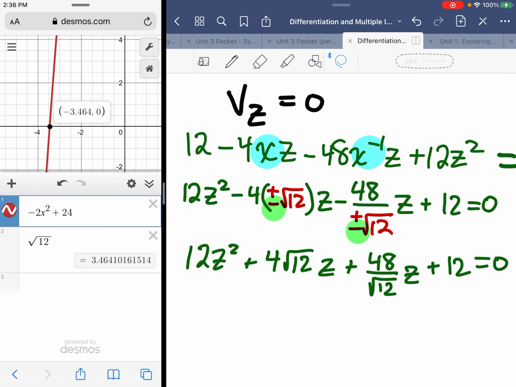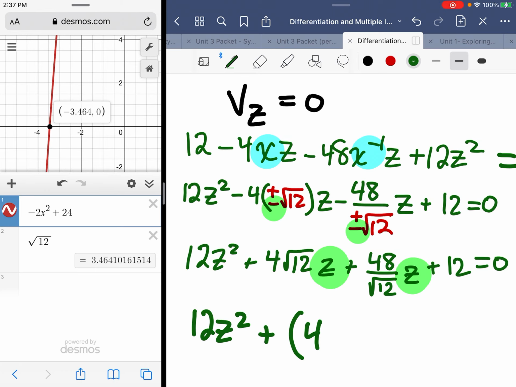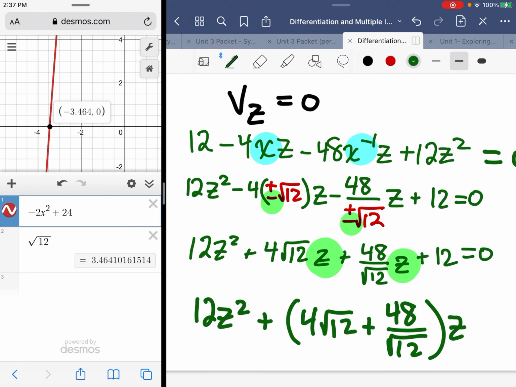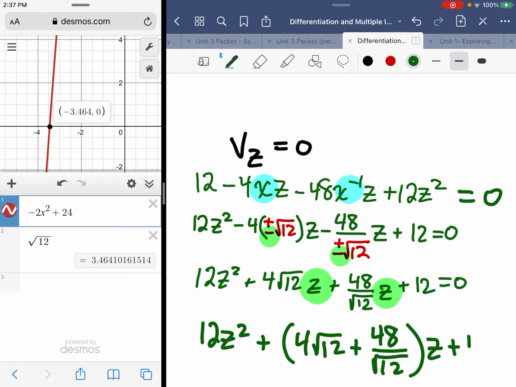All right. We can trim that down a little bit more because we have that common factor of z. So we could factor that out, but leave it at the end of the binomial. So we'd be looking at 12z squared plus 4 radical 12 plus 48 over radical 12 z plus 12 equals 0.